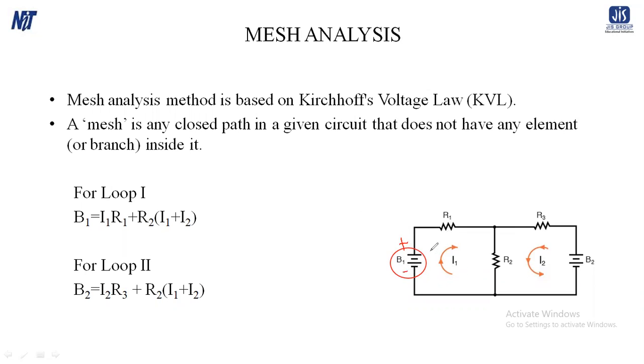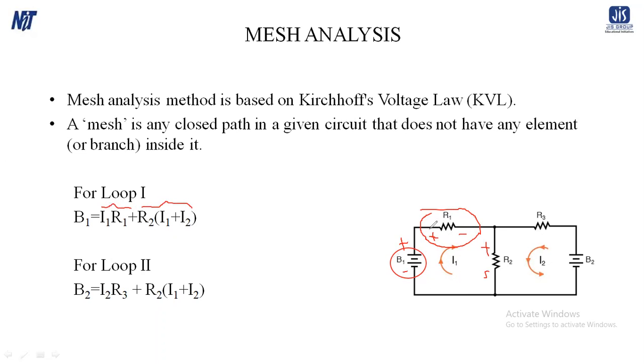Now we can consider the resistance as positive or negative as per the direction of the current. So here it will be I1 R1. Then this is the common terminal, so currents I1 and I2 are both circulating here. The directions are the same, so it will be plus R2 into I1 plus I2, because both current directions are the same. For that reason this part is developing.